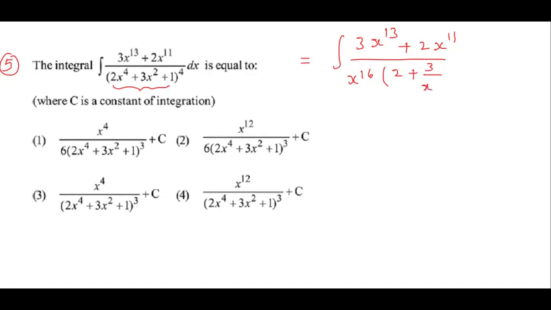We have taken x power 4 common. So in the denominator we can write x square plus 1 by x power 4, whole power 4, dx.